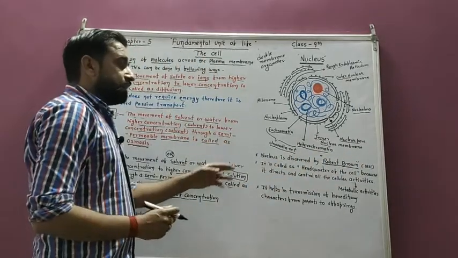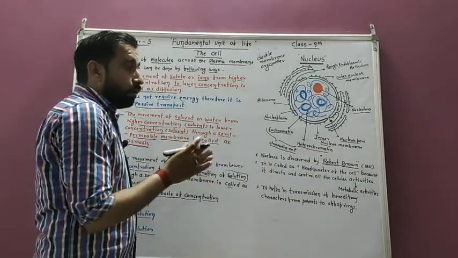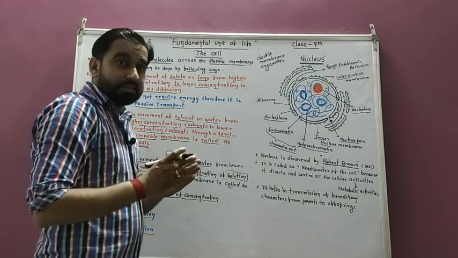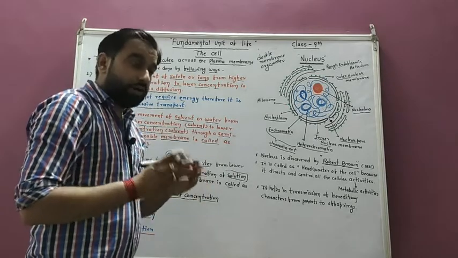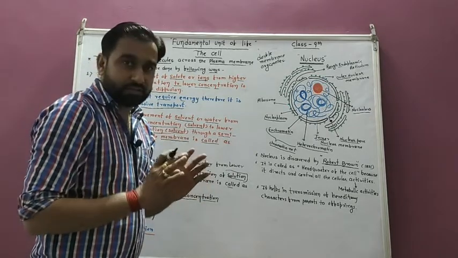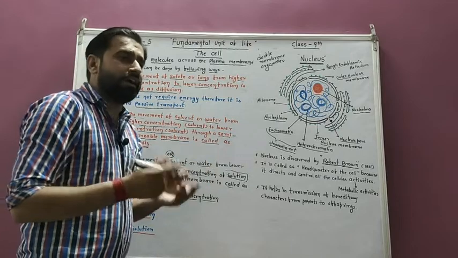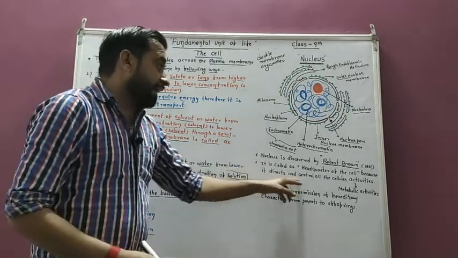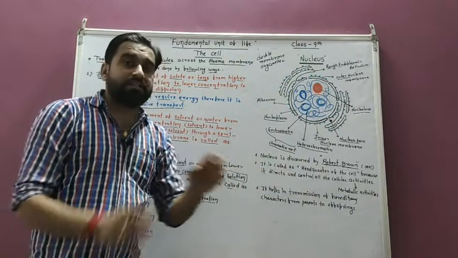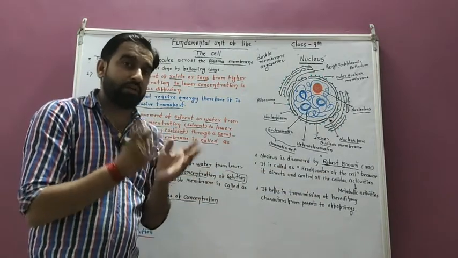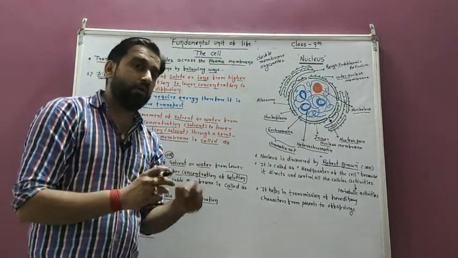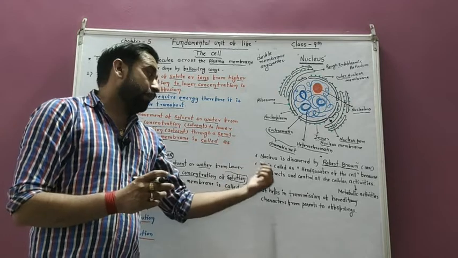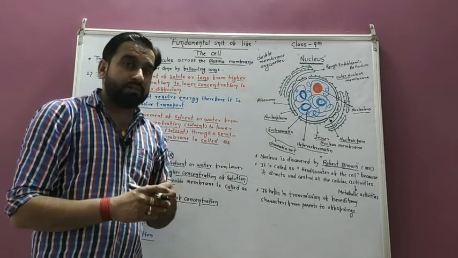It is called the headquarter of the cell, or the mind of the cell. Why is it called the headquarter of the cell? Because it directs and controls all the cellular activities. All the cellular activities are regulated by the nucleus.